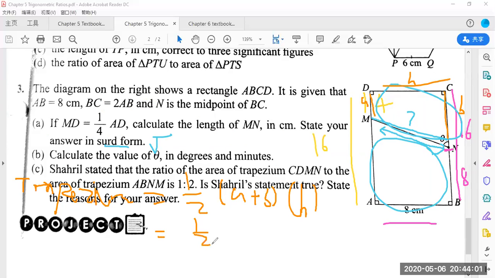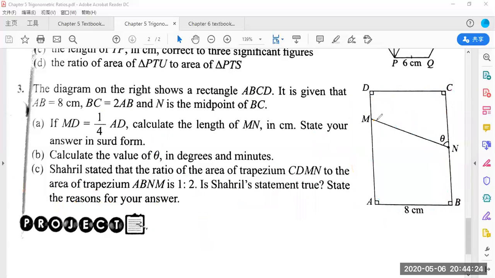This one is, I think, for question C, find the area. But now we need to find the length. So you need to split into half again, right?